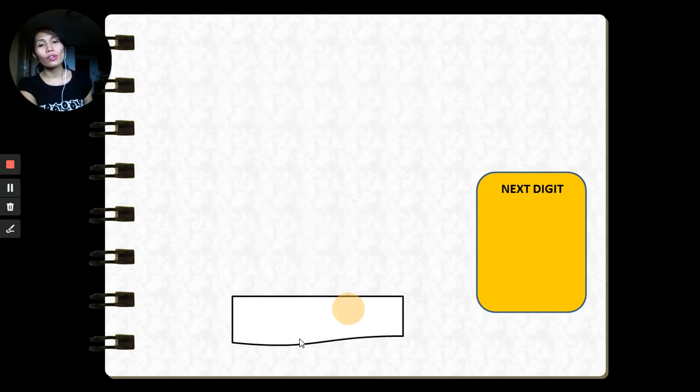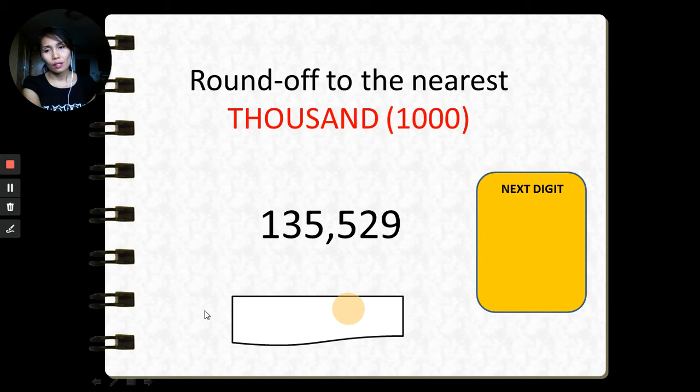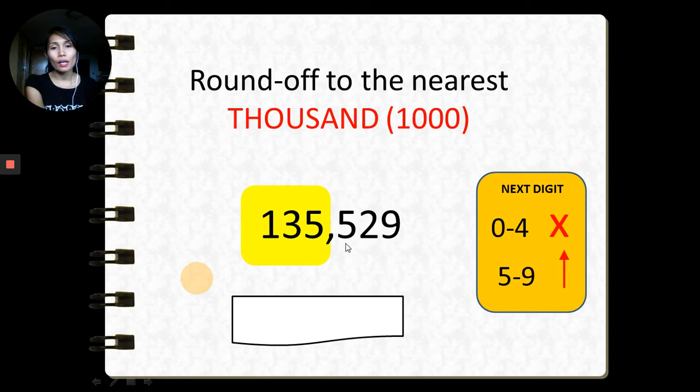So let's try another example. Here, thousands. What digit here is in the thousands place? It is digit 5. So that means we will stay put, numbers 1, 3, and 5, or 135,000. But we have to decide if we will add 1 or not to 5 based on the next digit.